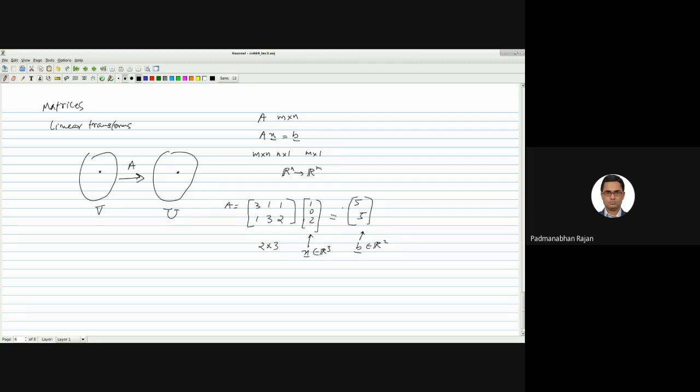For example, a 3-dimensional vector here, you might want to change to a 2-dimensional vector in such a way that most of the information contained here is preserved. This matrix, of course, is not doing that, but still this gives you an idea of how to use matrices as linear transforms. Essentially, the matrix which represents the PCA is basically a transformation from one space to another space.